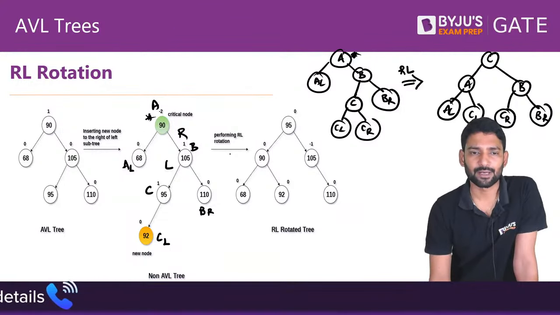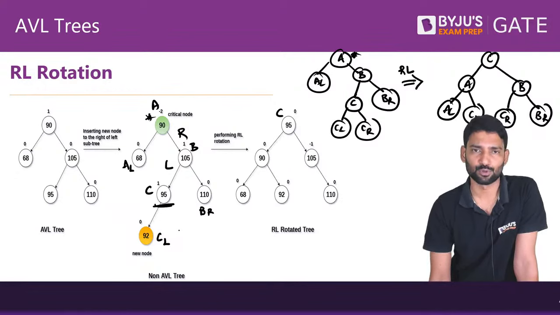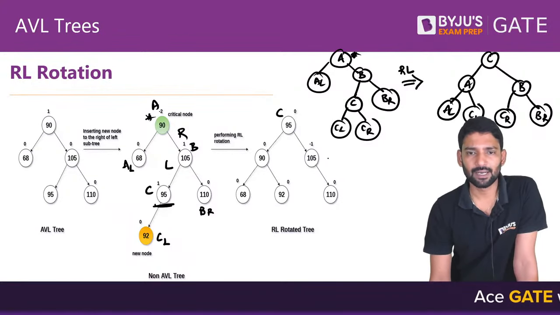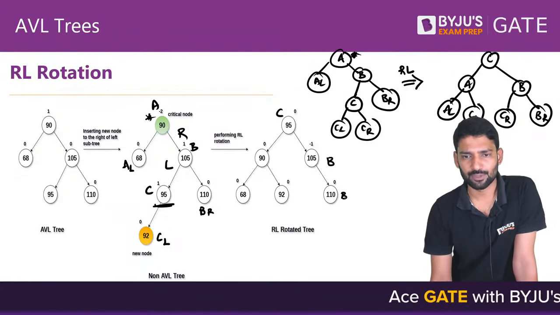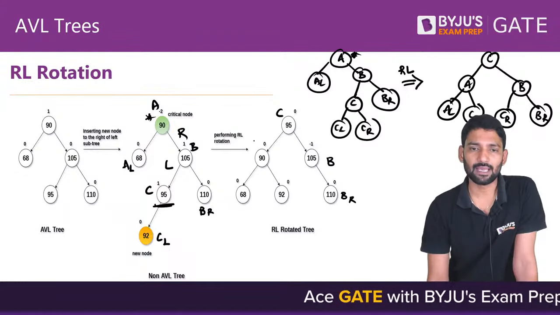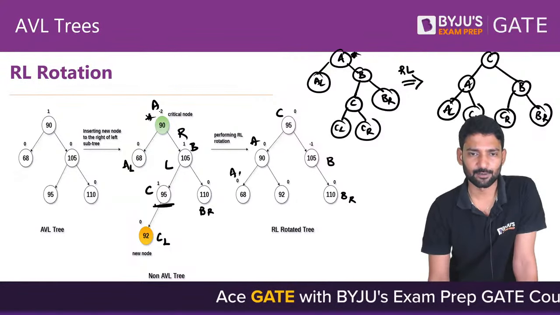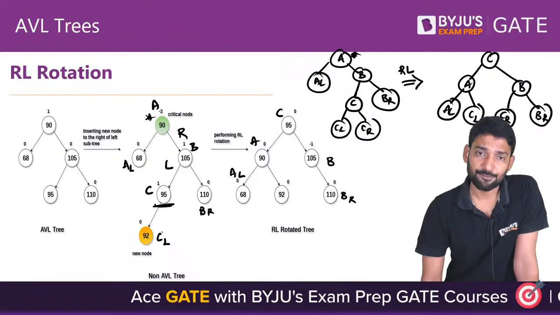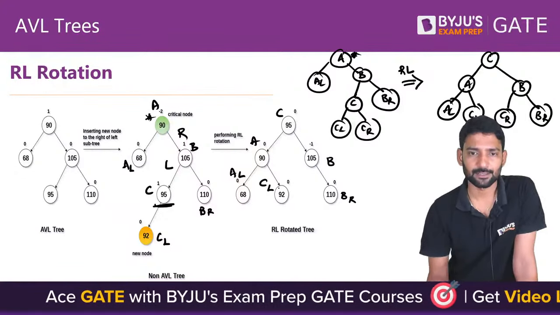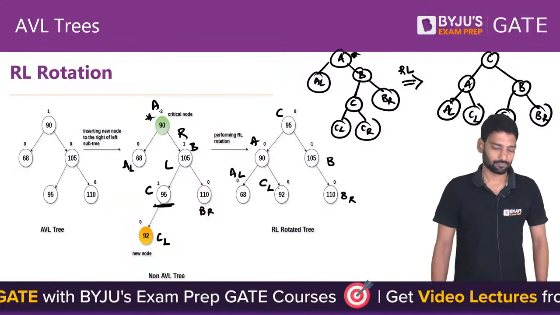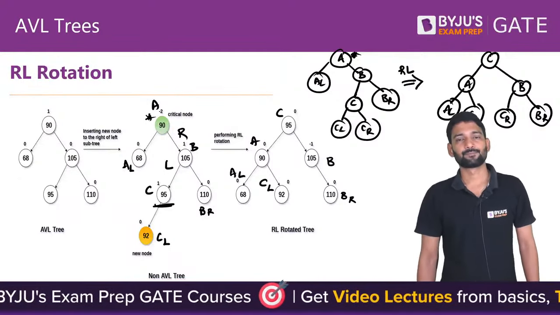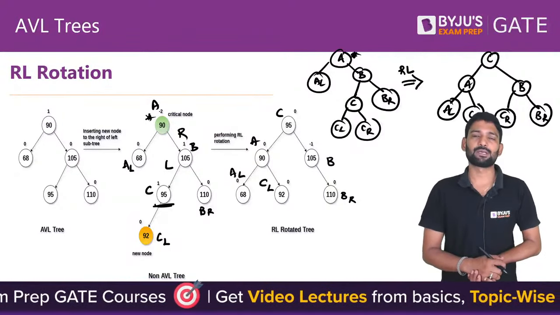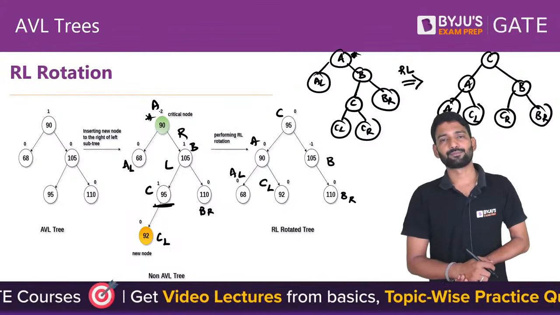C becomes parent, so 95 becomes root. B and B right would be in the same position. A left will be on the left side of C, and C left becomes A's right. Got it? Do you understand what RL rotation is?